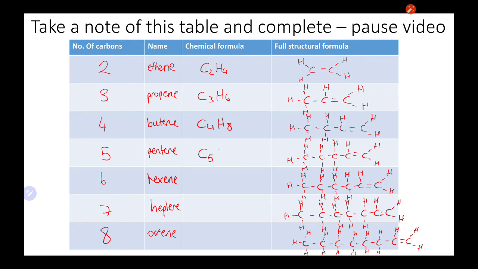So we've got C5H10, C6H12, C7H14, and C8H16. So actually it's probably easier to work out the general formula for the alkenes compared to the alkanes. So make sure you've got all of that, and if you were missing anything, then make sure you fill that in.